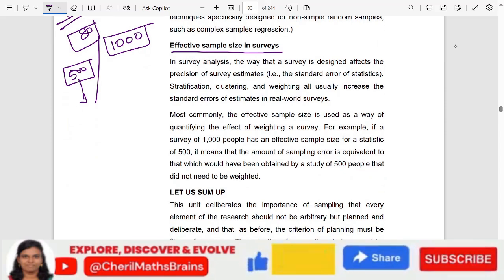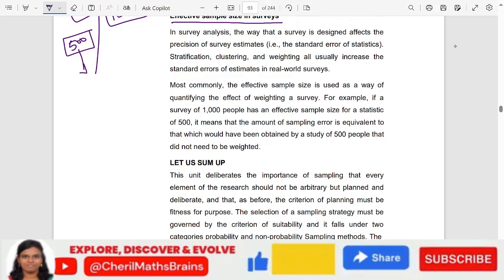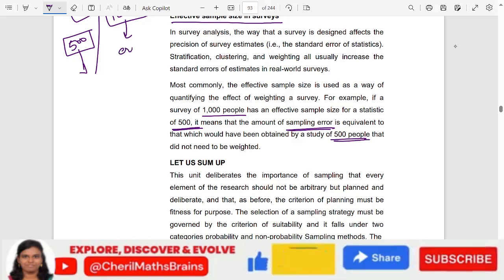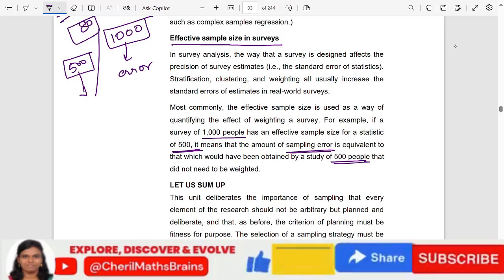So that is what is given here. When you work out the effective sample size, you have to quantify the effect of weighing. If you have 1000 people, the effective sample size may be only 500. In that case, the amount of sampling error will be equivalent to what you would get for 500 people only. If you do it for all the 1000, then you will have to calculate the error also.